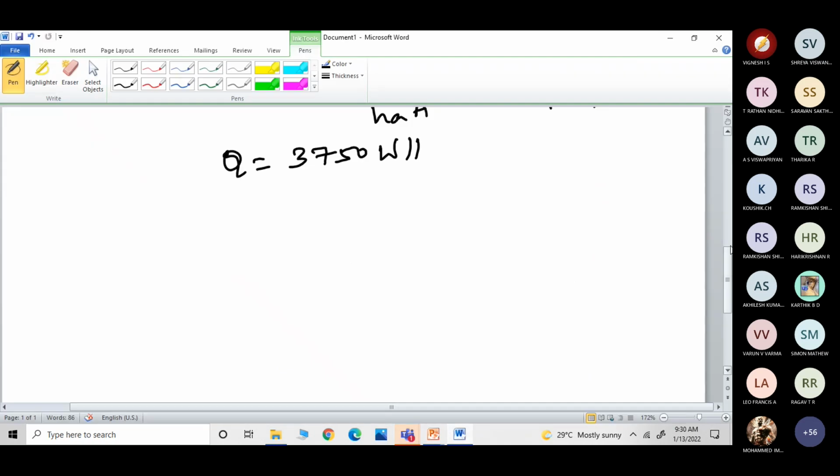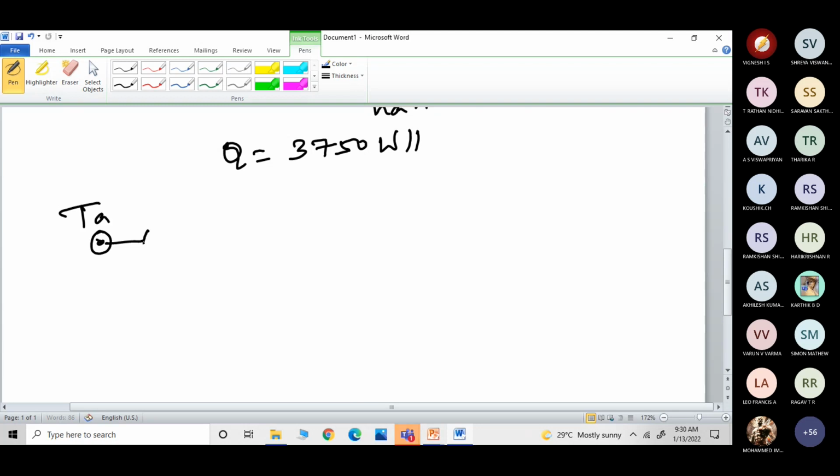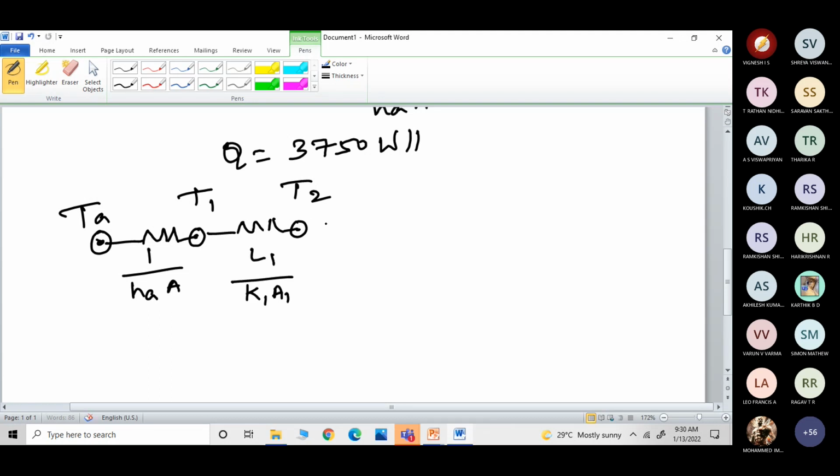So now what we have to do is draw the thermal circuit: TA, T1, this is 1 by HA into A, T2, L1 by K1 into A1, L2 divided by K2 into A2.